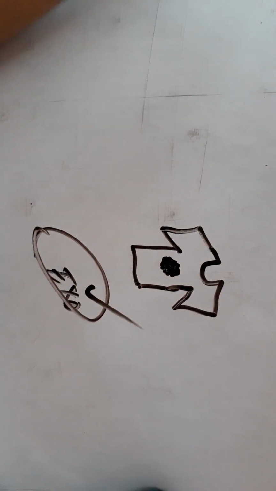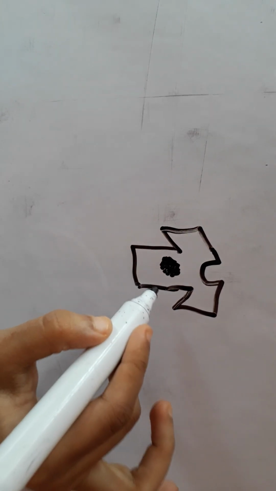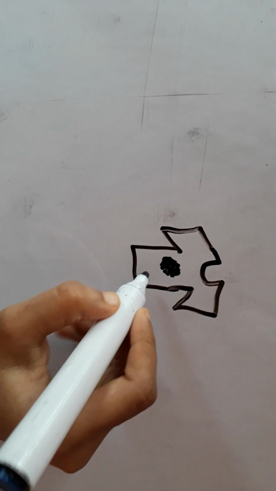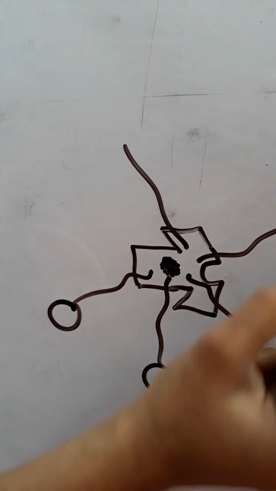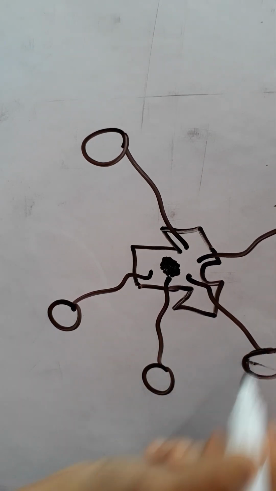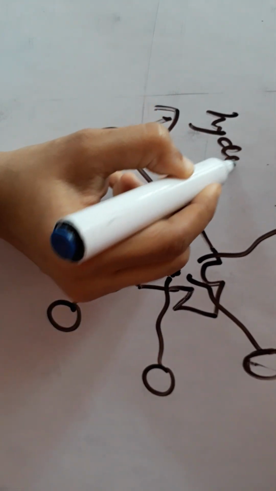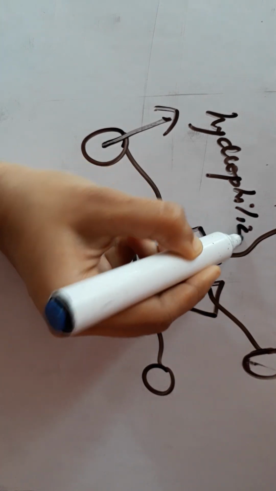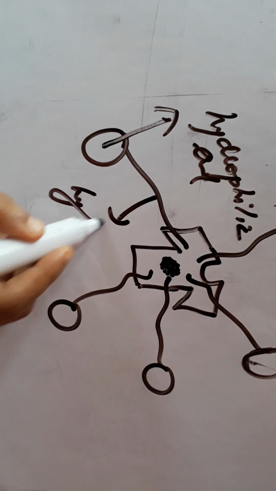So what happens when we use Exo soap is that the soap will align in a particular direction. Now tell me which is the hydrophobic and which is the hydrophilic part of the soap molecule. Yeah, head is loving, very good. This is the hydrophilic end, that is the loving end, and this is the hydrophobic end.